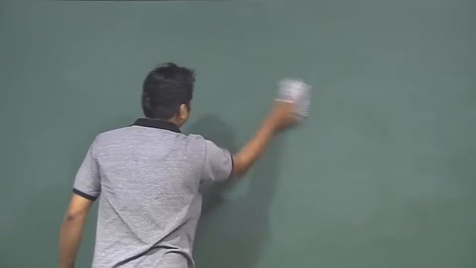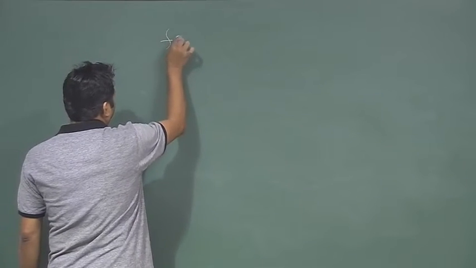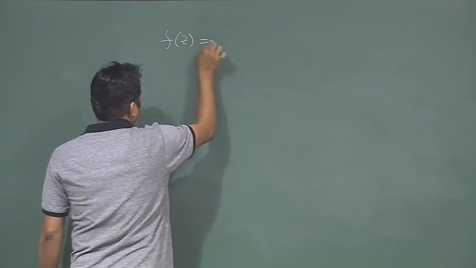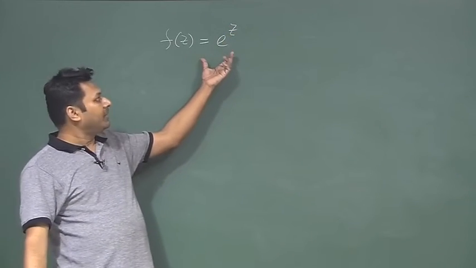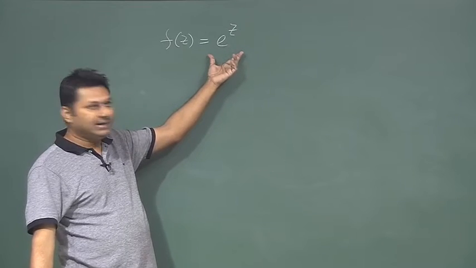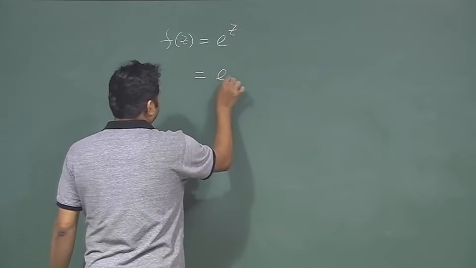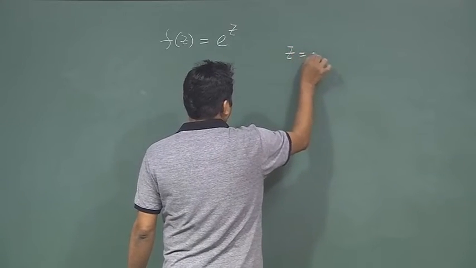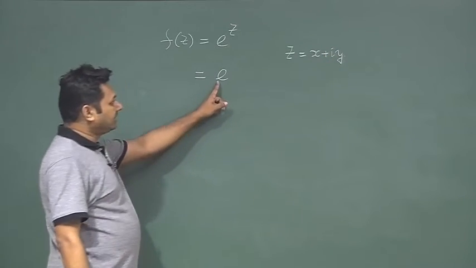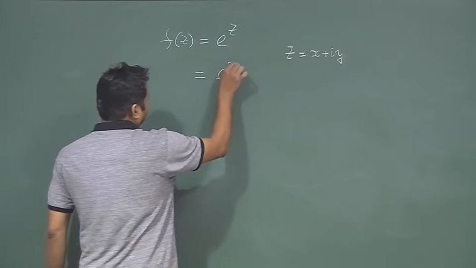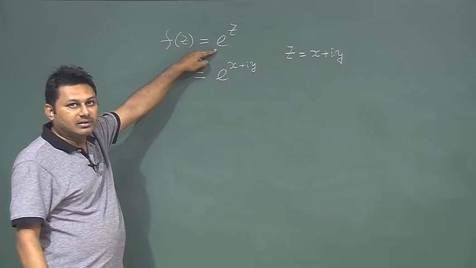Let us go to another example, where the function of z is e to the power of z. E to the power of z is given to you, but you shouldn't worry about these things, because z is equal to x plus iy.